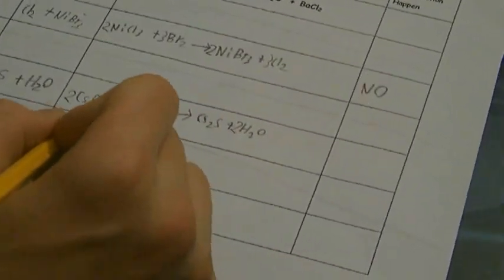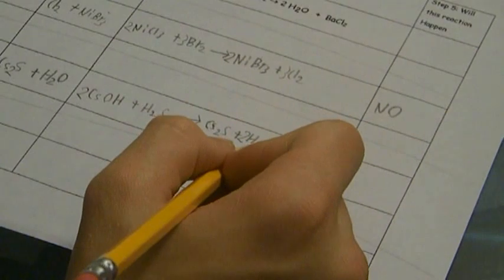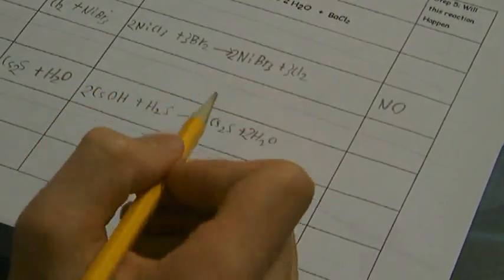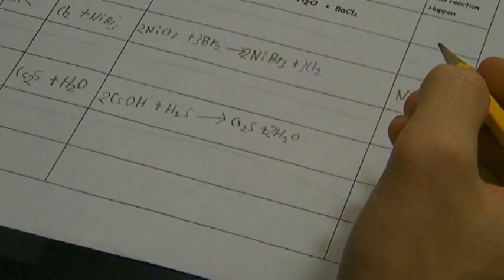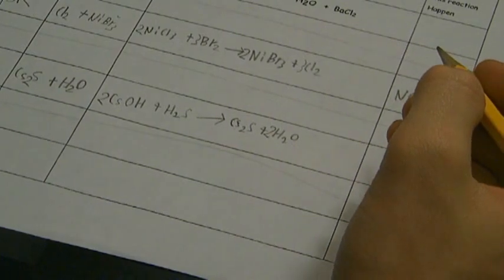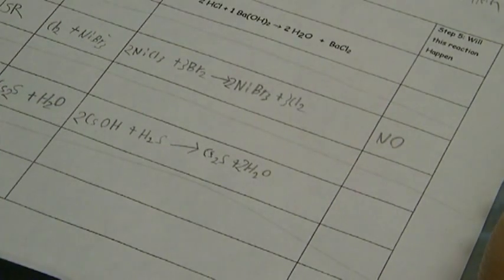So now if you check, you have 2 Cs's, 2 Cs's, 2 O's, then 2 H's right here, so that's 4 H's over here, you have 2 H2's, so that's 4 H's, then 2 O's, 2 O's. Yeah, so that's balanced.